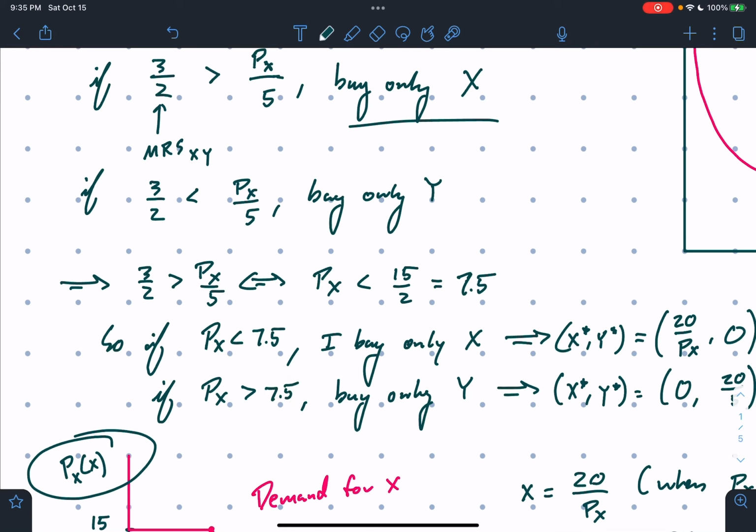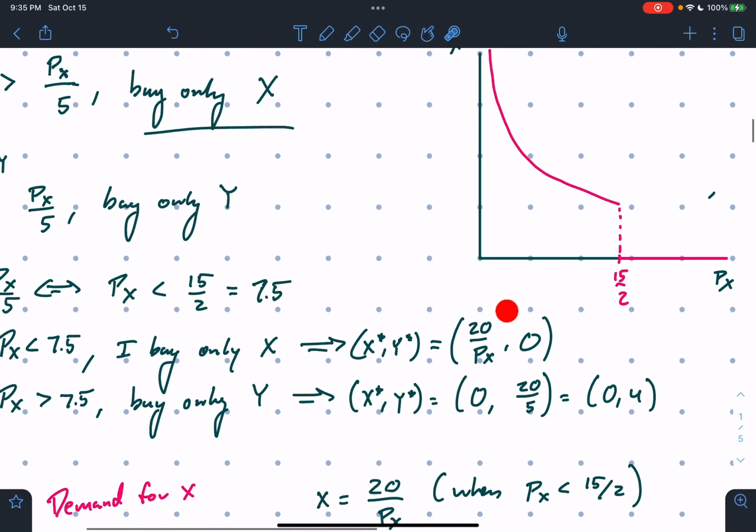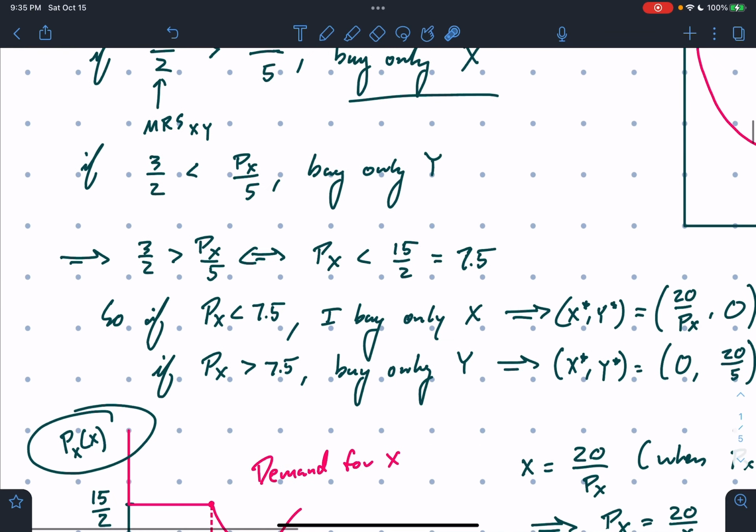If px is less than 7.5, I buy only x. Since my income is 20, and the price of x is here, the total amount of x I can buy is 20 over px. Again, this is only for when px is less than 7.5. Because when the price of x is greater than 7.5, I only buy y.